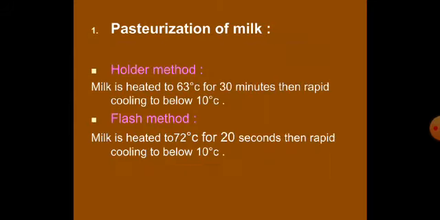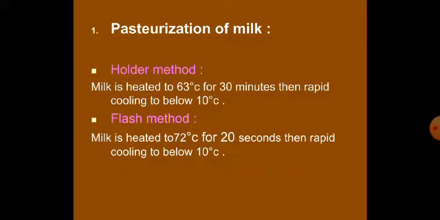The milk is heated to 63 degrees or 72 degrees for a while, then rapidly cooled below 10 degrees. So pasteurization of milk depends on heating, then sudden cooling. This makes heat shock for the bacteria and death of the bacteria, as in the Holder method or flash method.